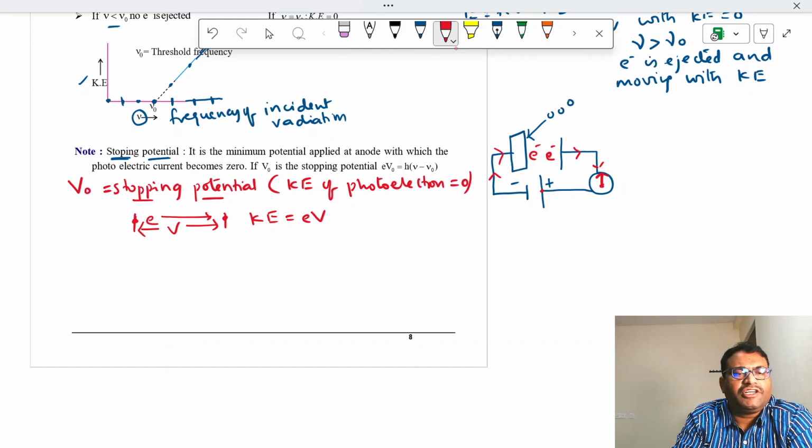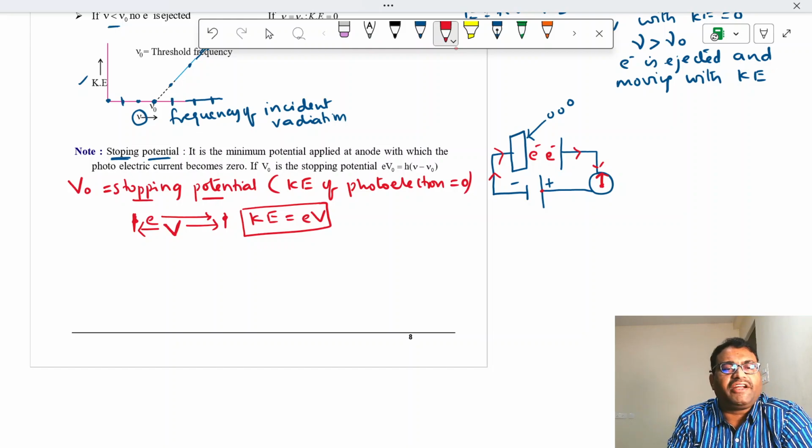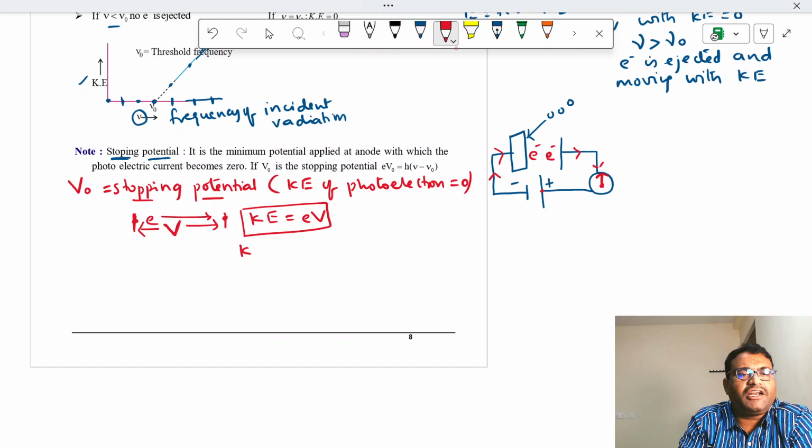If a charged particle having charge e is accelerated in a potential difference of V, then kinetic energy is given by charge into potential difference. So here we are applying opposite potential or stopping potential. Then kinetic energy of the photoelectron will become eV naught.